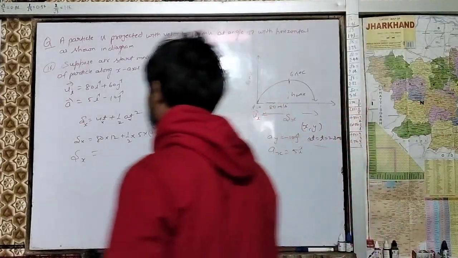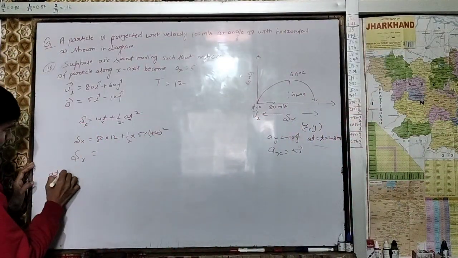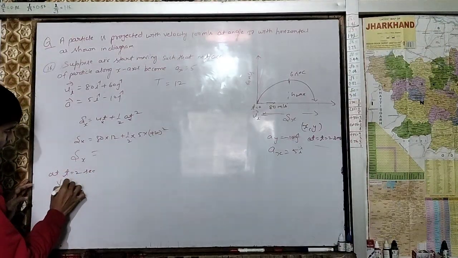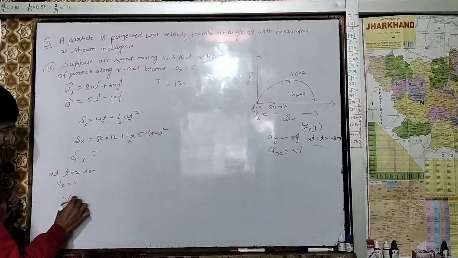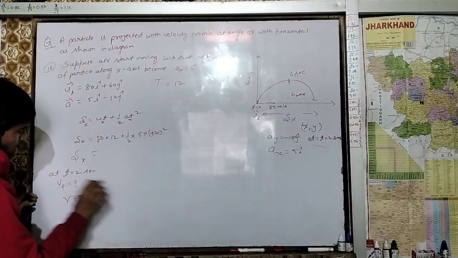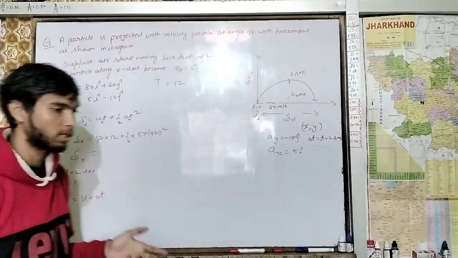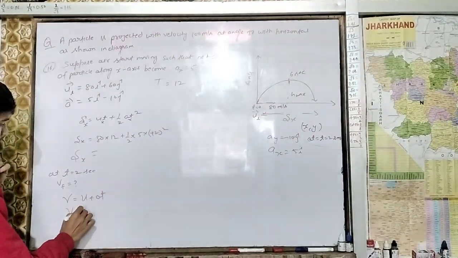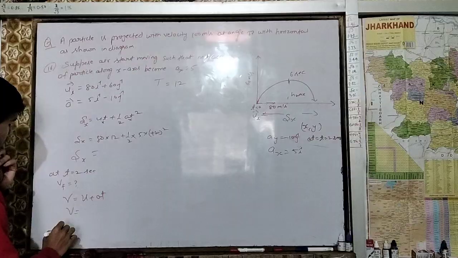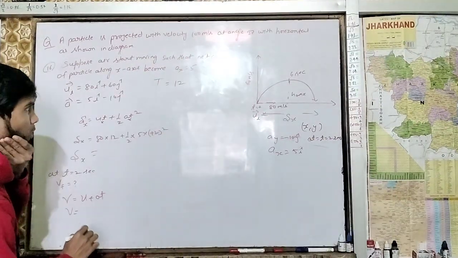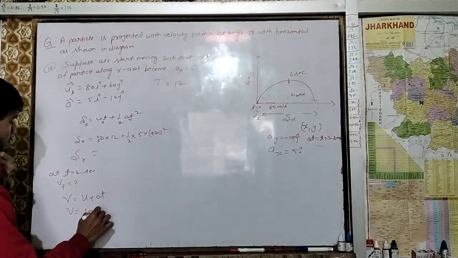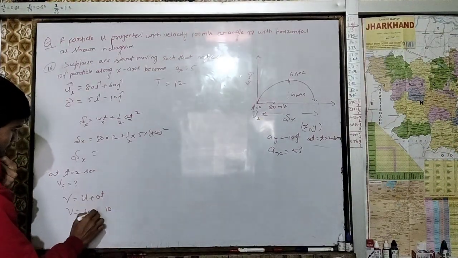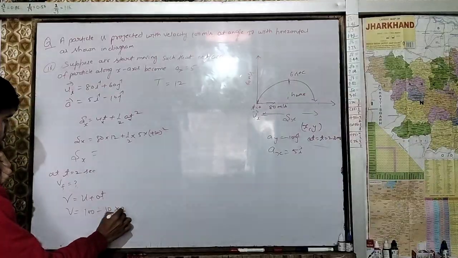Now tell me, at 2 seconds, what will be our final velocity? To calculate final velocity, you know what to do. V is equal to u plus at. V we don't know. U is going to be 100, plus a is minus 10 and time is 2.